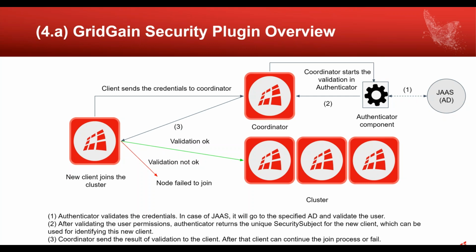In the case of JAAS, it will go to, for example, LDAP Active Directory and check some properties from there. After that, it will return the response to the client node. If validation was successful, this client will join the cluster. Otherwise, it will fail.